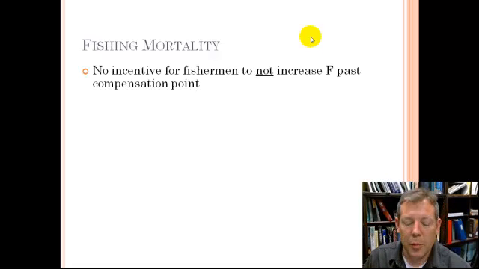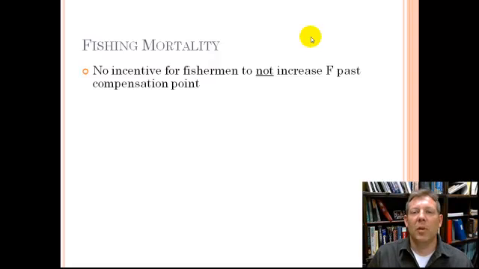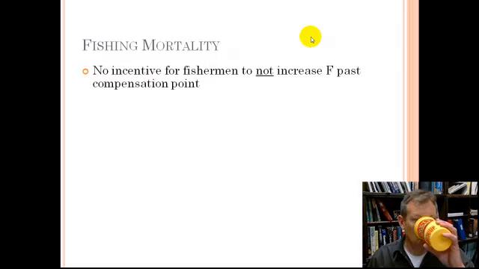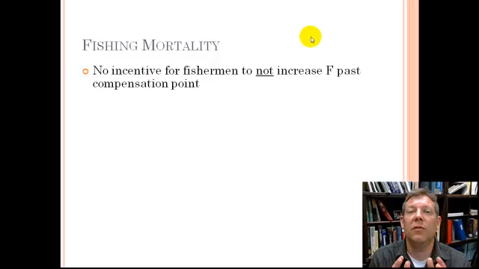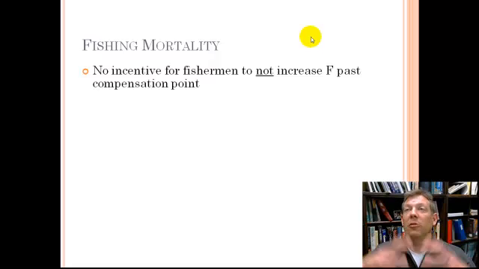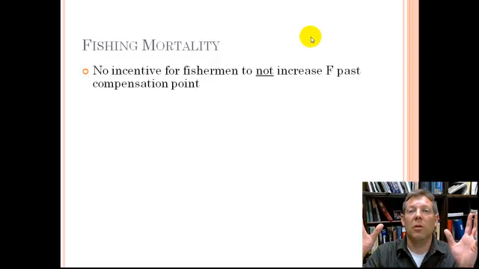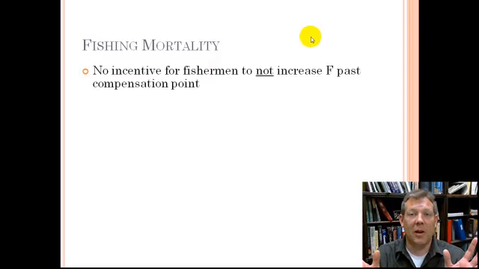Well, another problem we have in fish management is that there's no incentive for individual fishermen to not increase F past this compensation point. If you look at it from the point of view of the individual fisherman, increasing F as far as you can go makes perfect sense, right?